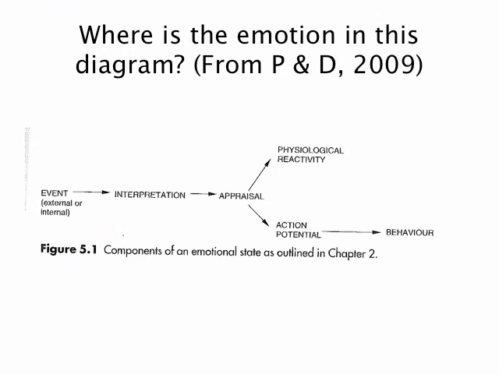If you're an information processing person, then you would at least have the appraisal, physiological reactivity, and action potential circled within the circle. You might extend it to interpretation, and I suppose you could extend it to behavior. It all depends on your preferences. But you probably wouldn't have the event in it.